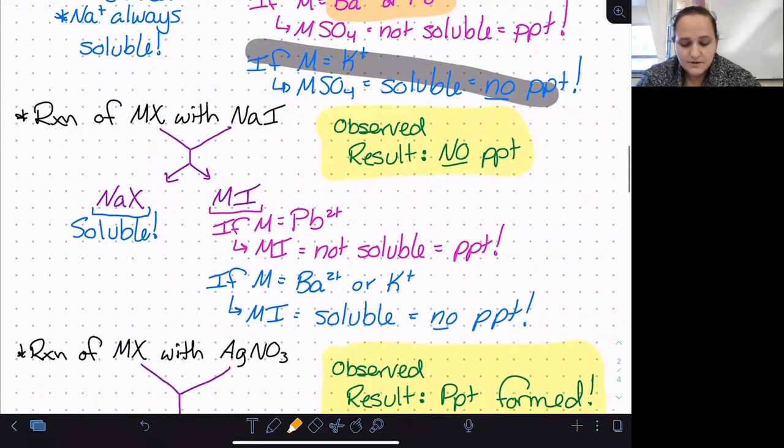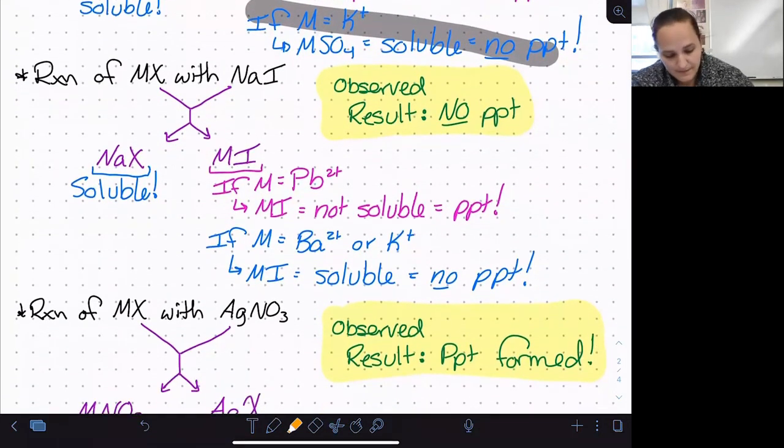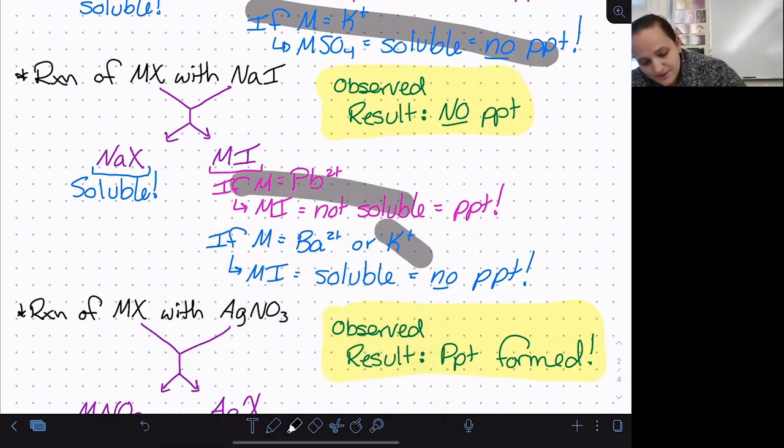Our next reaction, when we mixed our unknown stuff with sodium iodide, we saw no precipitate form. So from the previous reaction, we had already ruled out potassium as an option, and now we didn't see a precipitate, so we know it can't be lead either.